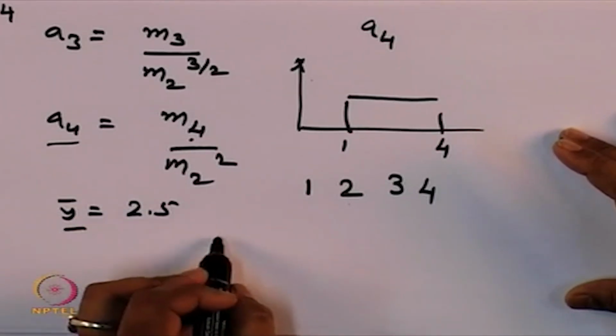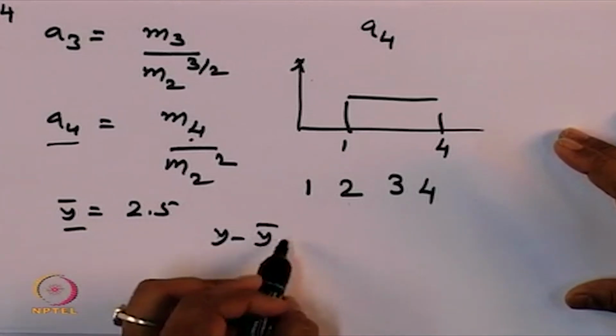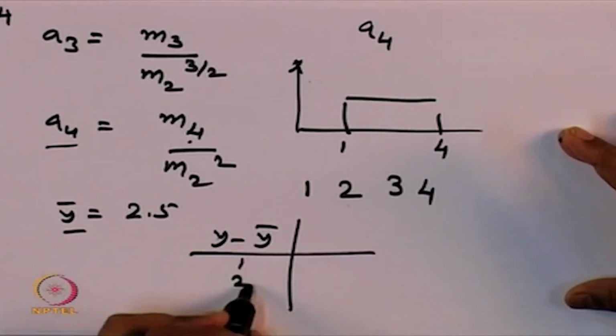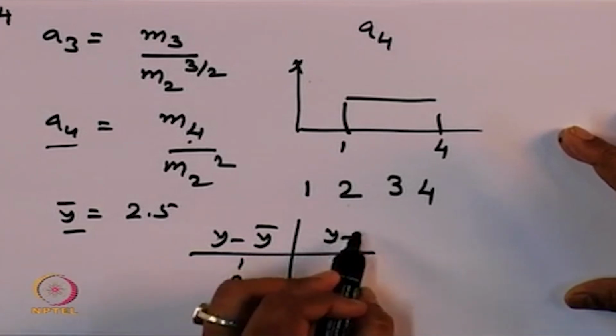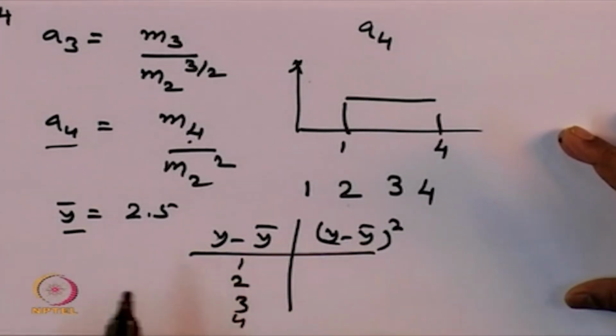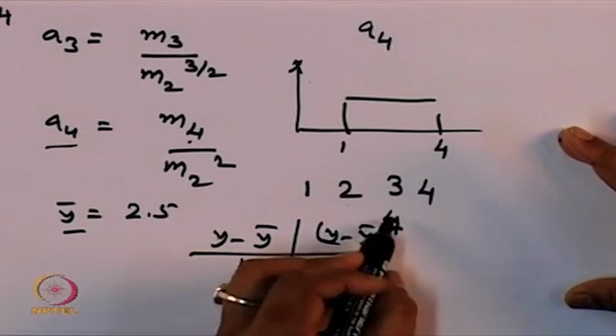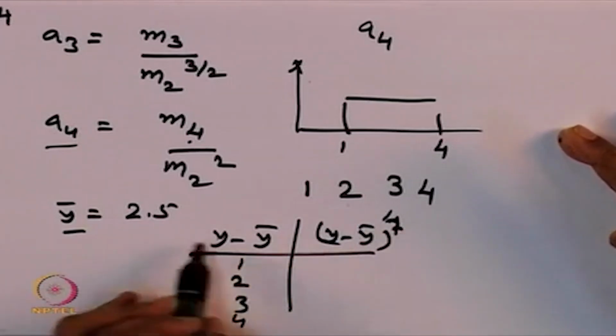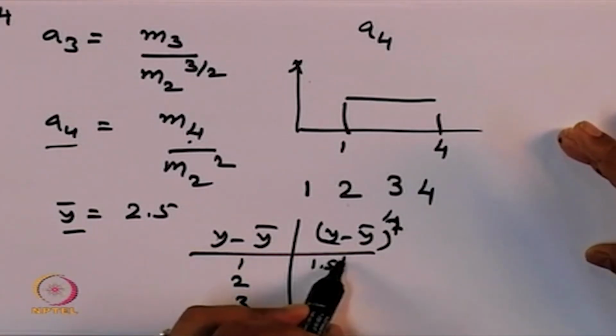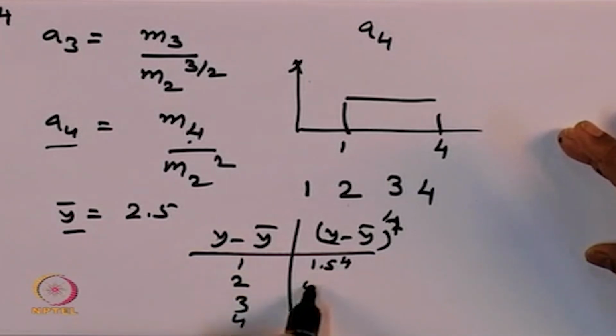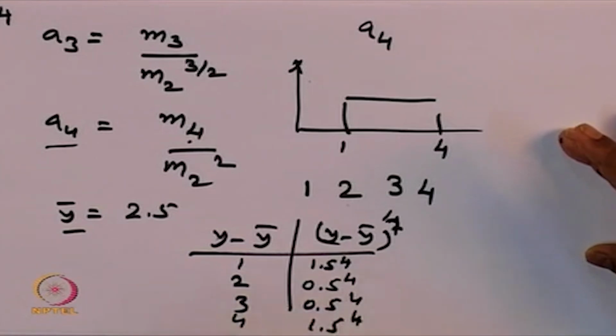So, I can have y minus y bar for 1, 2, 3, 4, y minus y bar whole to the power 4th. So, this is 1.5 whole to the power 4, this is 0.5 whole to the power 4, 0.5 whole to the power 4, 1.5 whole to the power 4.